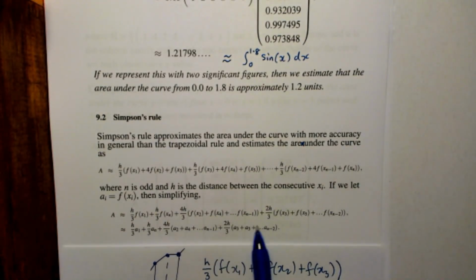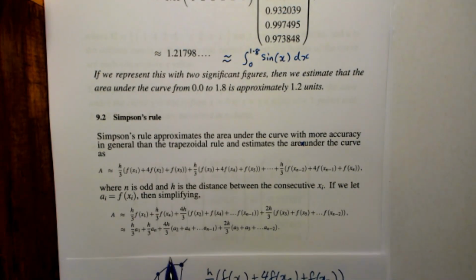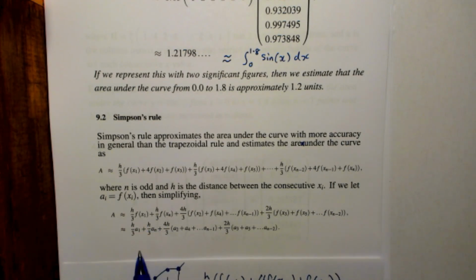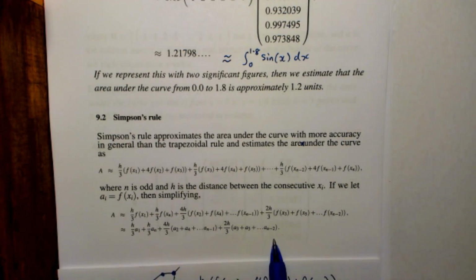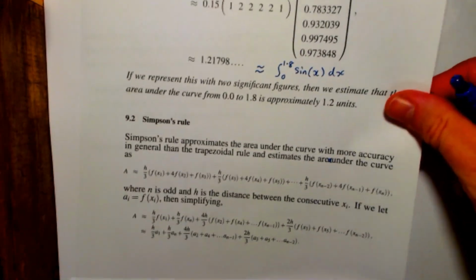Okay, so expanding and replacing the f of x1 with a1, f of x2 with a2, and so on, this is what we have, and then we want to factorize out the h on 3.